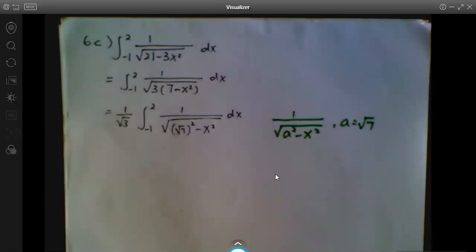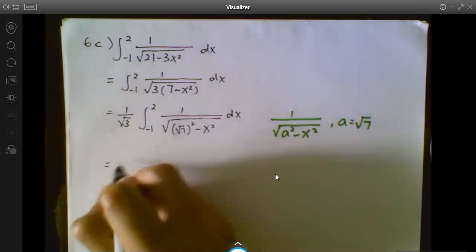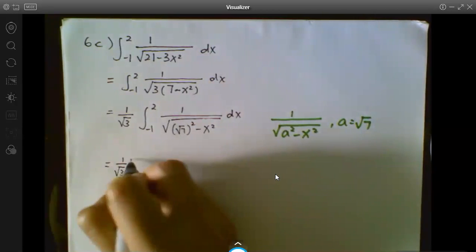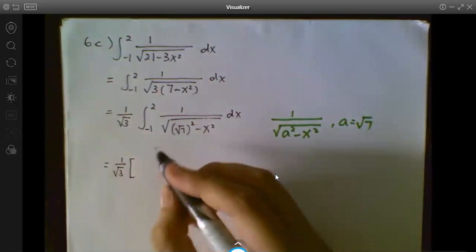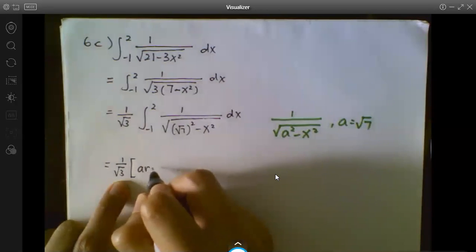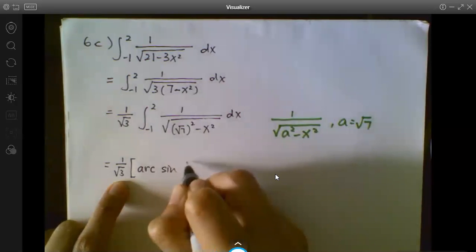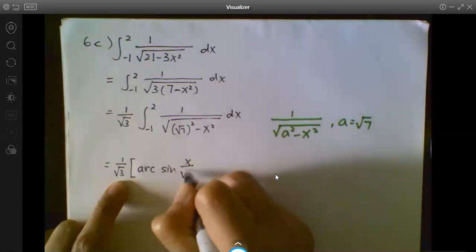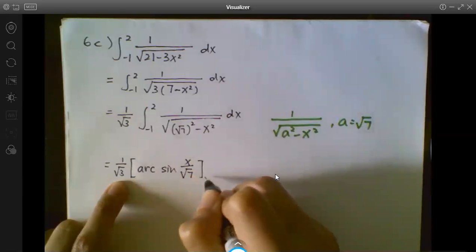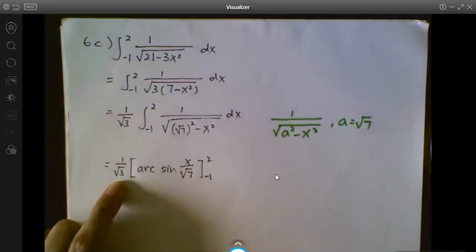That will give us arc sine. So 1 over square root 3. You have integrated, use the square brackets to include your limits. Arc sine x over a, where a is square root 7, from -1 to 2.